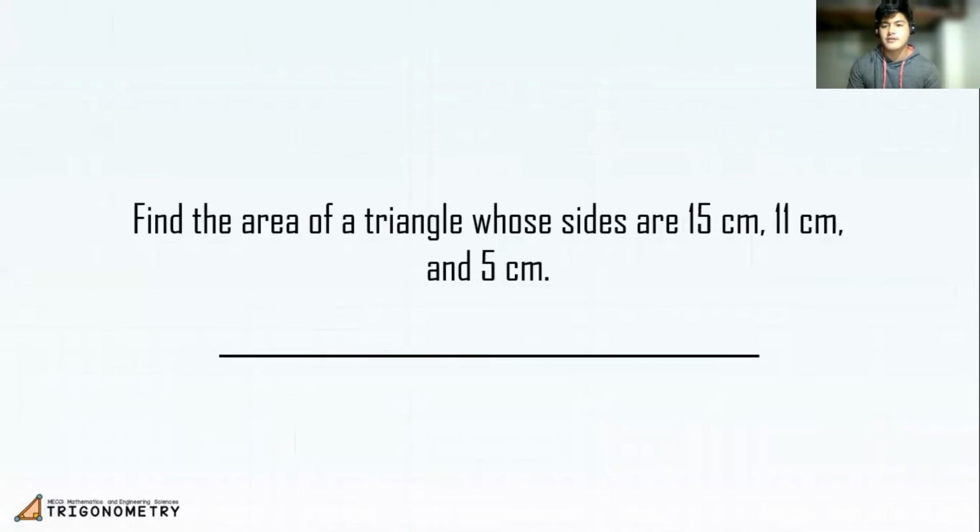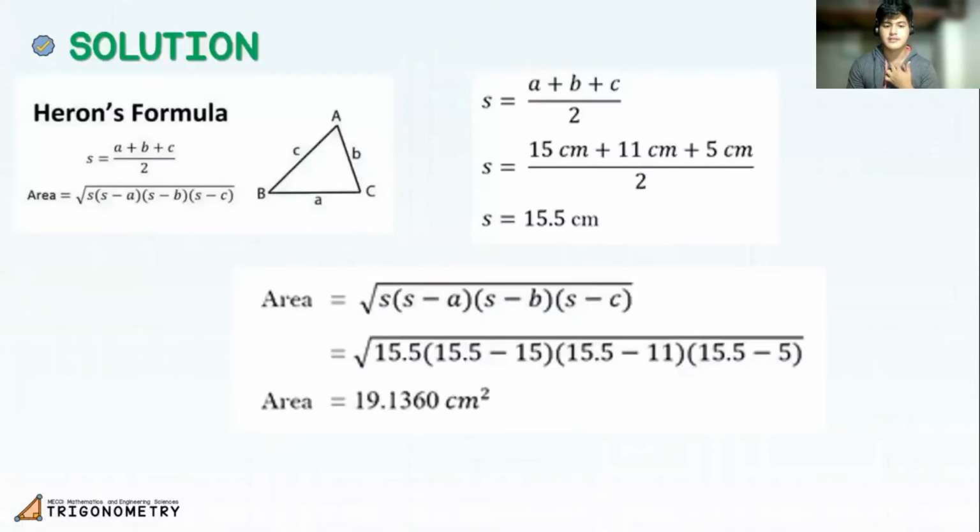First, finding the semi-perimeter, which is S. We have the given side lengths A, 15 cm, plus 11 cm, which is B, and 5 cm for C, over 2, and you can get the semi-perimeter, which is 15.5 centimeters. To find the area, we just have to substitute S, and now we can get the value 19.136 centimeters squared.